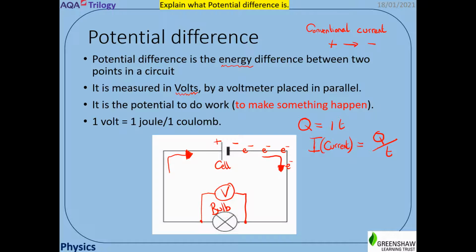Because in this bulb, this electrical energy that is currently flowing around the circuit is going to be converted into a different form of energy. In the case of a light bulb, it's going to be converted into a light energy transfer. And also heat energy, so thermal energy. So there's definitely a link here between electricity that we're doing now and the topic that you did before Christmas that was energy.